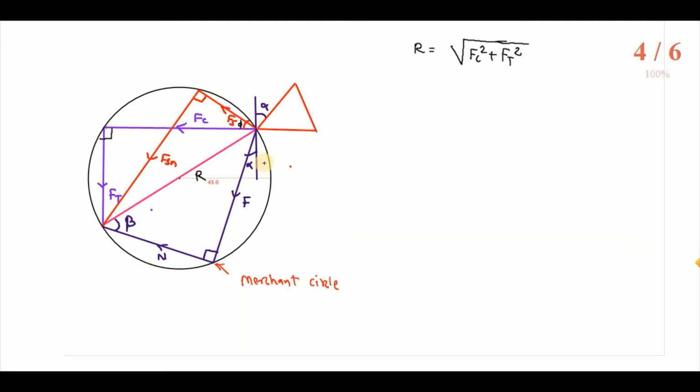In this we are having this 90 degree and this beta, so the remaining angle will be 90 minus beta.